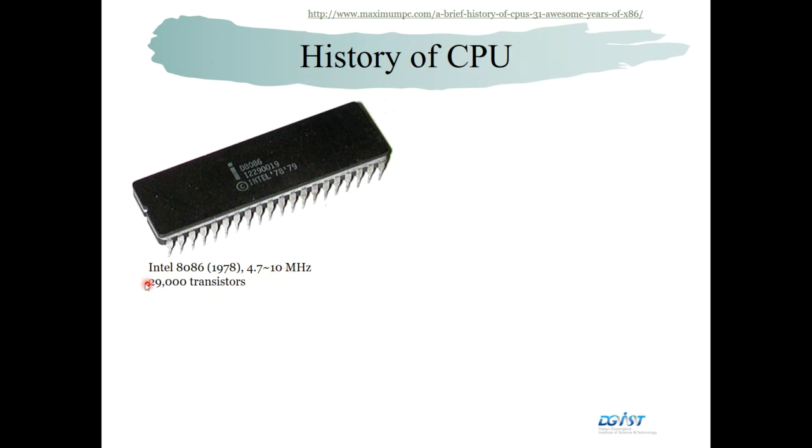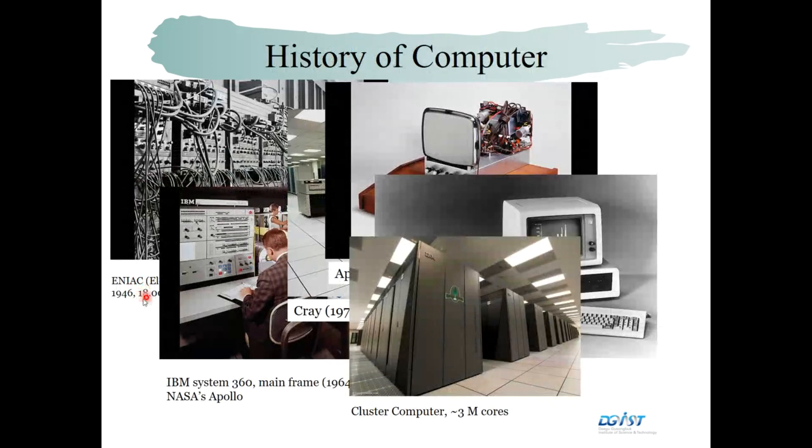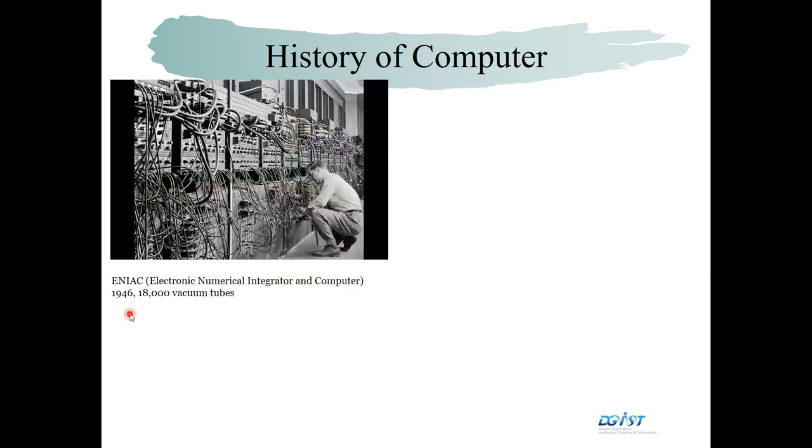And please pay attention to the number of transistors. This is already 29,000 transistors. And as you see here, the ENIAC, a very early computer, is a very huge machine, but it has only 18,000 vacuum tubes in this large machine.